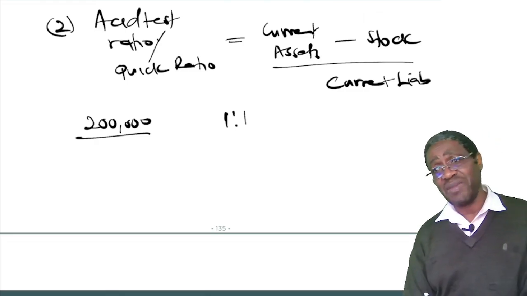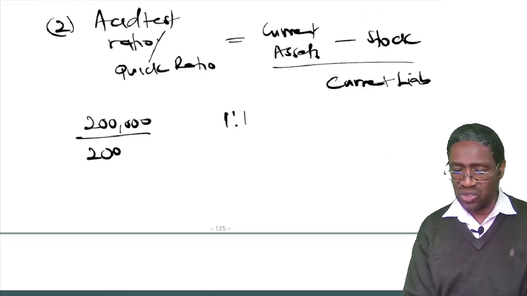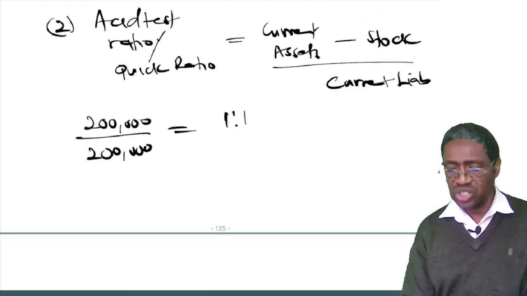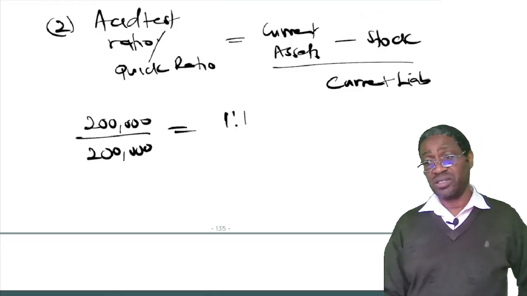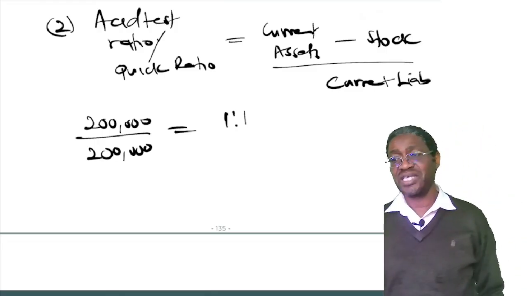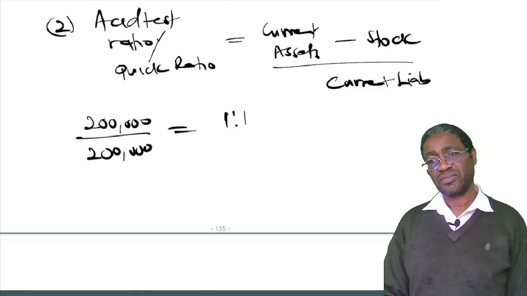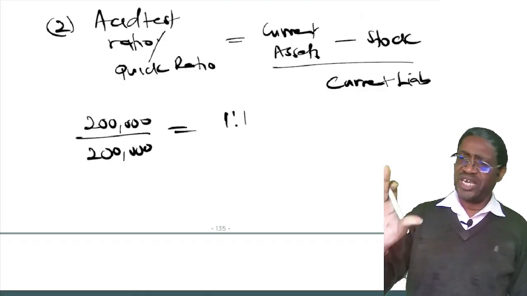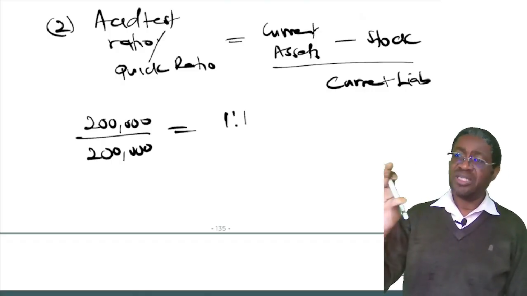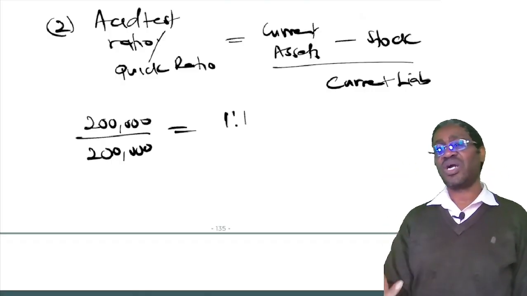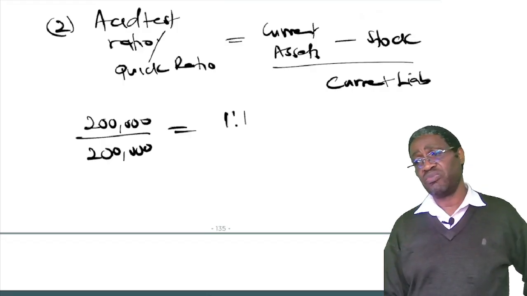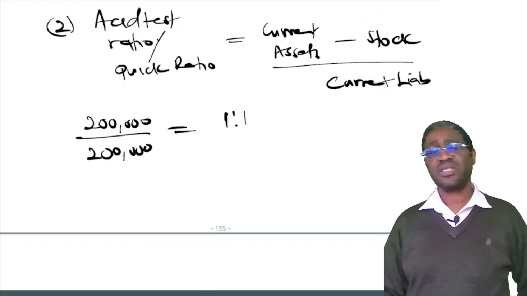If you divide that by current liabilities, which is maybe another 200, that will give you a ratio of 1:1. That is the recommended, the standard ratio. Therefore, whatever you get as your liquid assets, they should be the same as your current liabilities.